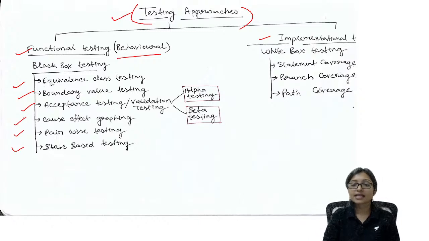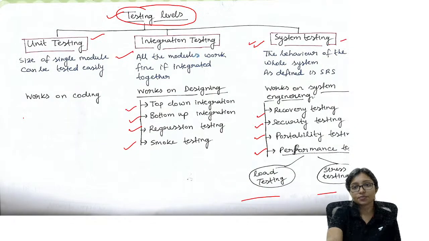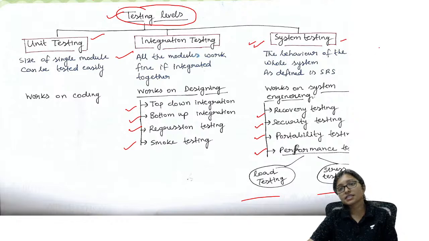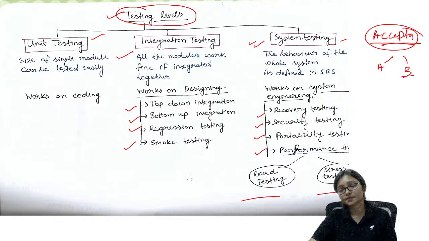Yes, acceptance testing is also a level of testing. After system testing you can say it is acceptance. System testing is done, then it comes to acceptance testing, that is alpha testing and beta testing.